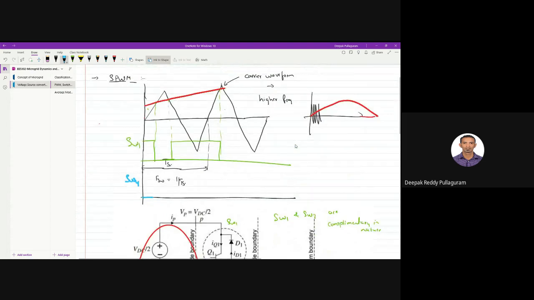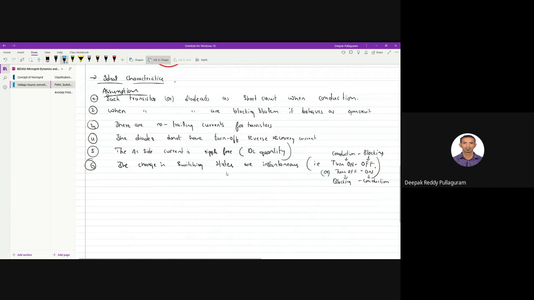During this, it should be off, and it will be on when SW1 is off, then on, and then off. So this is how the switching states will be for SW4 and SW1. Just remember it like this. Is that clear?